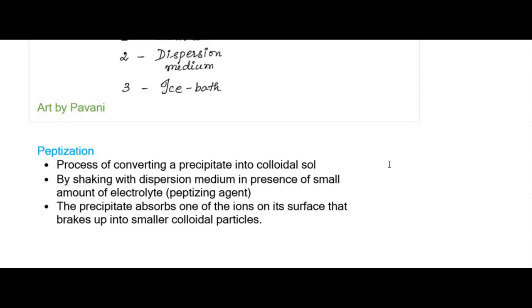What happens is, when the precipitate is agitated in the presence of sodium chloride, these ions are absorbed on the surface of the precipitate, and they help to break it up into smaller colloidal particles, so that there will be a lot of surface activity. So this is with regard to the preparation of the colloidal solution.